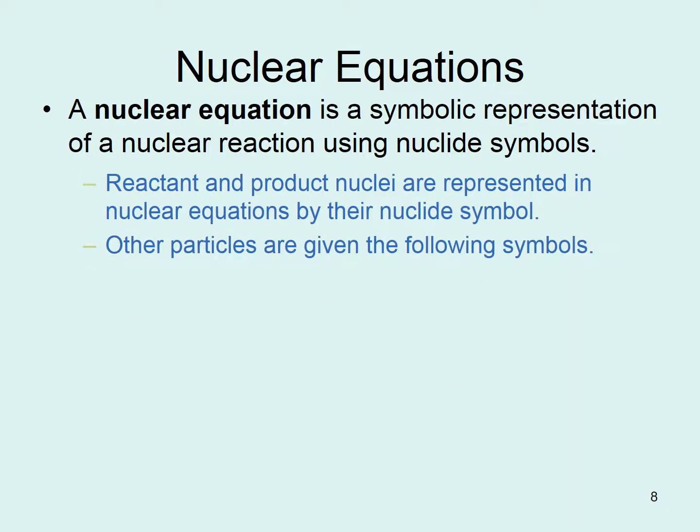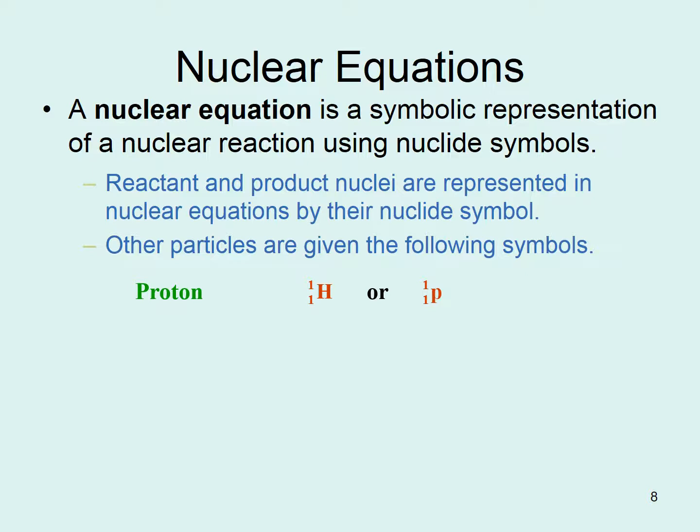So when we're writing a nuclear equation, reactants and products can be represented with their nuclide symbol, like we just saw on the previous slide. And then other particles are given certain symbols that you should be familiar with. A proton, which of course is 1 proton and no neutrons, can be given the symbol on the right: 1 proton and 1 total mass number, protons plus neutrons.